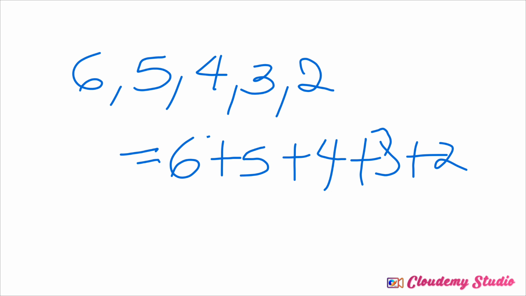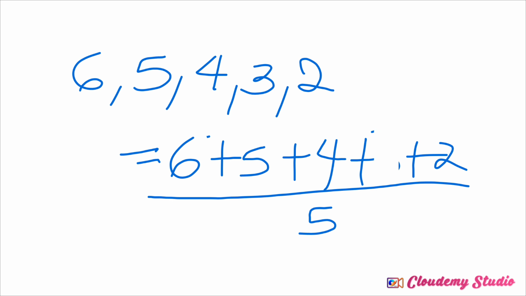We're summing the numbers all over the number of items. I have 5 items on the board: 6, 5, 4, 3, 2.